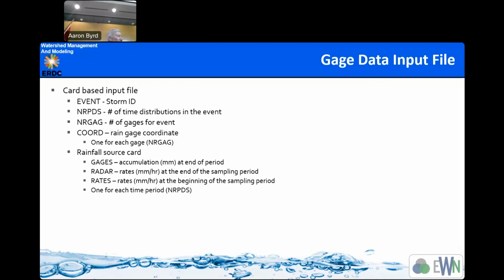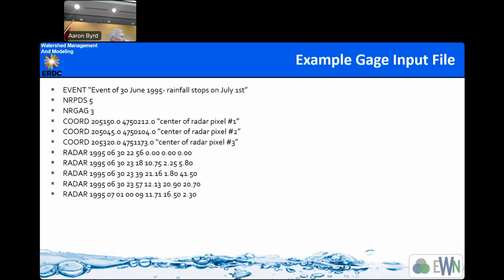So I would always set the model up in UTM, and then pick the standard datums like the NAD 83 and the NAVD 88, especially if you're a Corps person, because those are our standards. So I would always pick those. That has nothing to do with rainfall, but it kind of does.